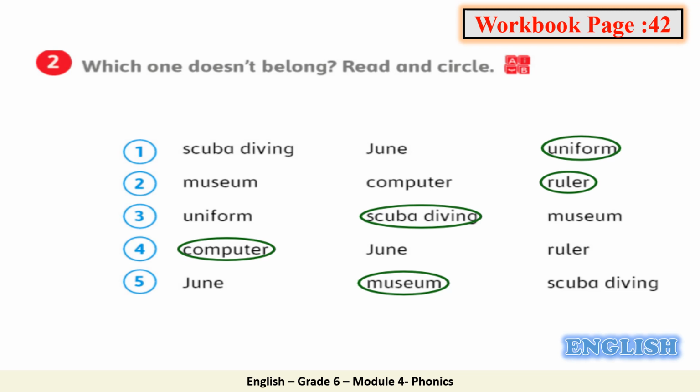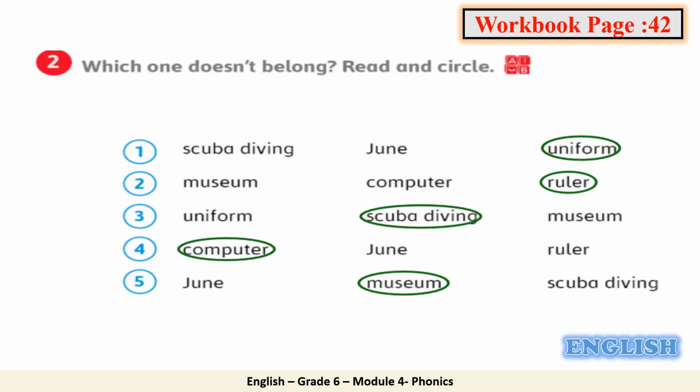All right, let's see what you did there. In number 1, the word uniform doesn't belong with June and scuba diving. And in number 2, ruler doesn't belong with computer and museum because it has the oo sound. In number 3, scuba diving is different from uniform and museum.